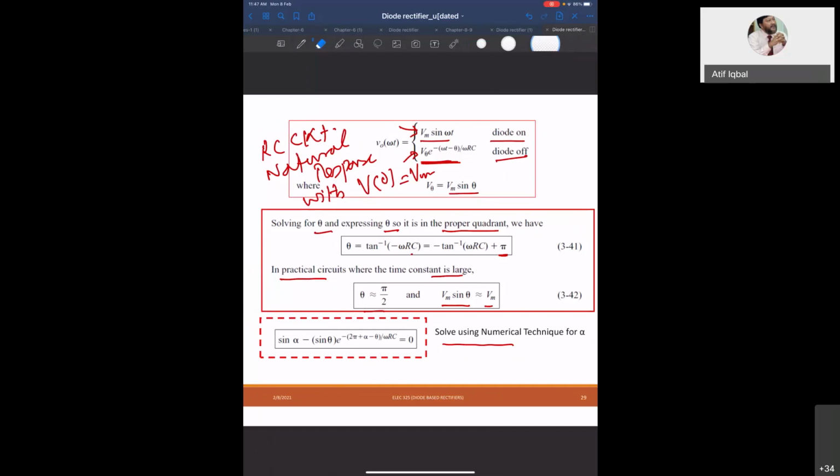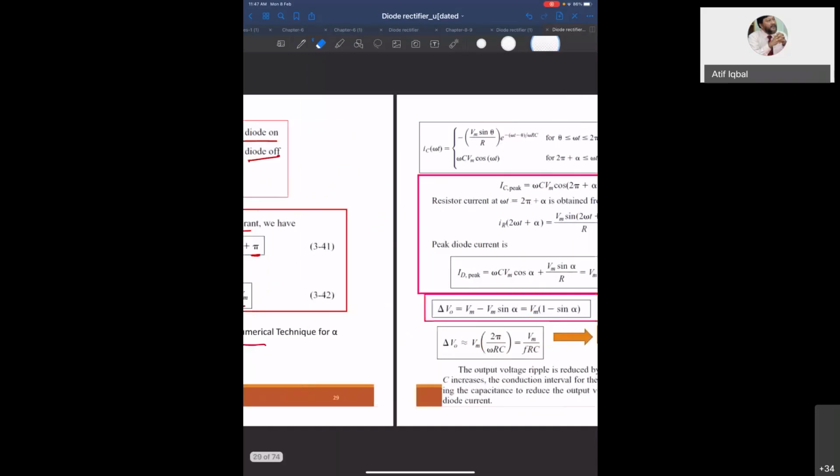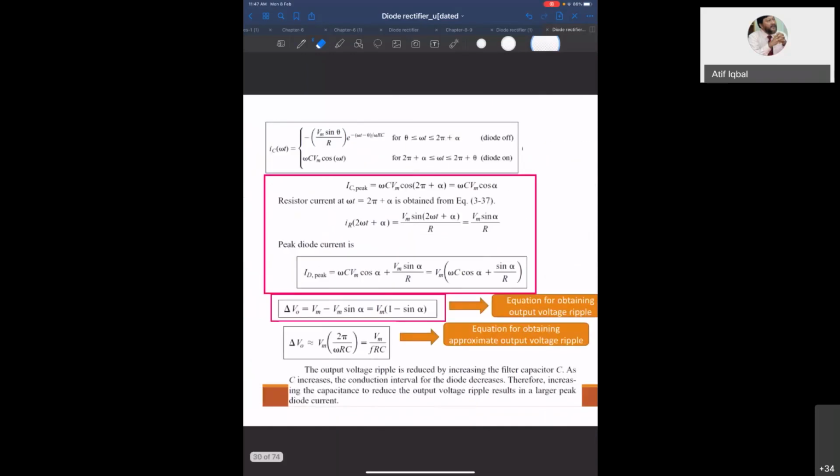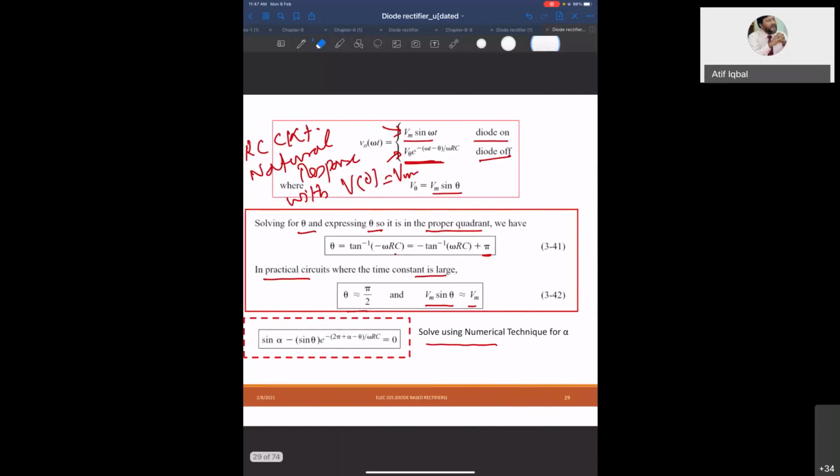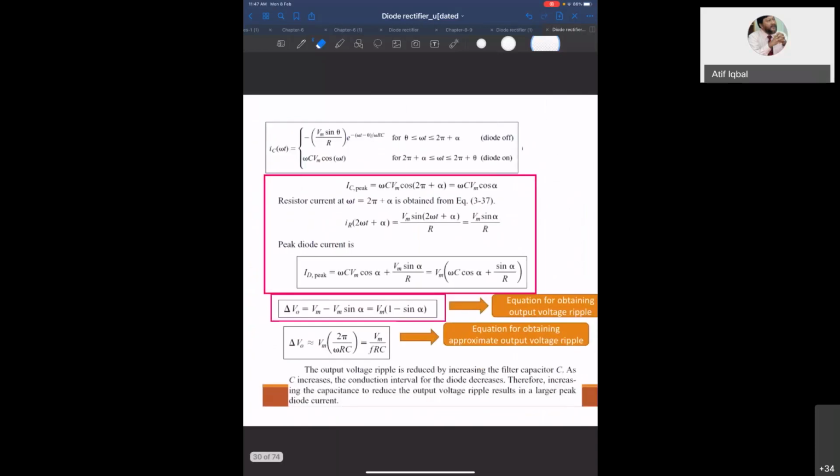So I skipped some mathematical part, and I just gave you the expression directly to solve for the value of alpha. If you want to see more, you can look into this. The derivation is not given here; I directly give you the expression.